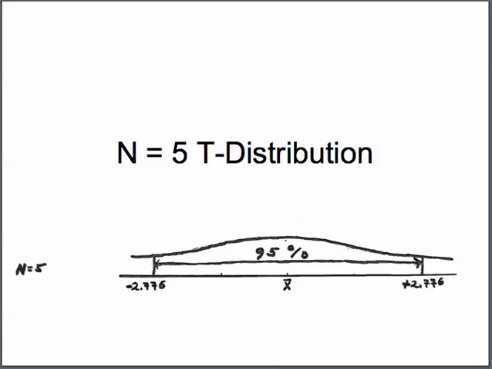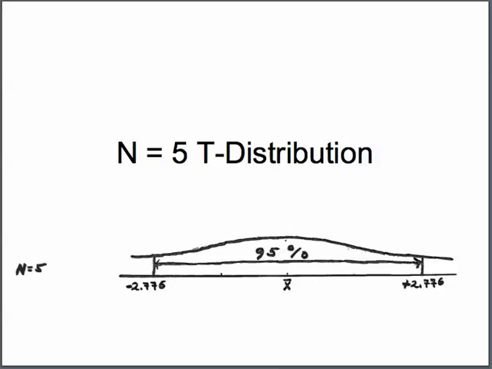Notice that 95% of all observations in these t-distributions reach different standard deviation values away from the mean than in the normal distribution. With the normal distribution, 95% of all observations lie within 2 standard deviation units from the mean value, always.